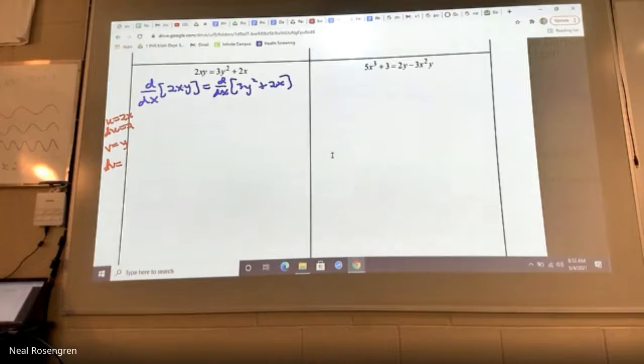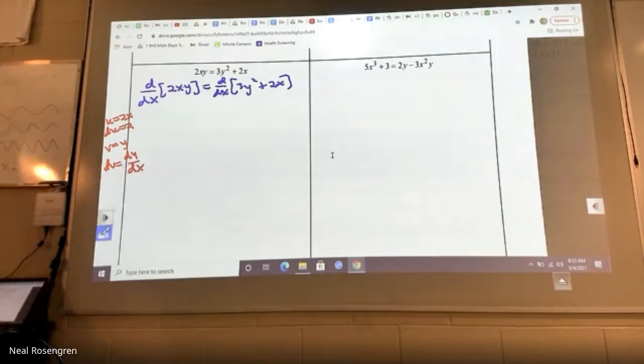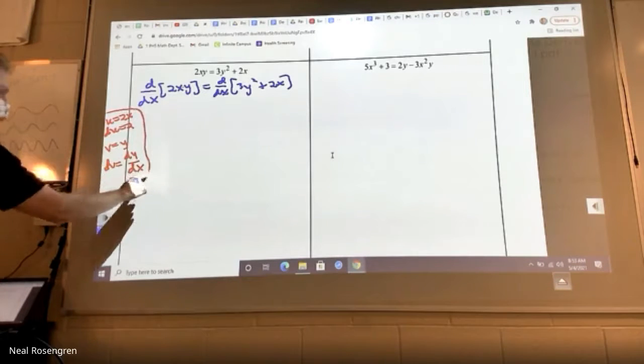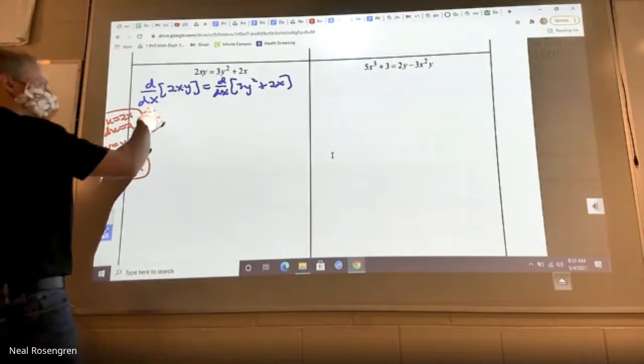And so what's the derivative of v if it's equal to y? 1 times dy/dx. The derivative of whatever it is, as if it was an x, times dy/dx. I'm just going to call it dy/dx. There it is. That's my little side work that's going to help me find the derivative of the left side. And the product rule is going to make that happen.